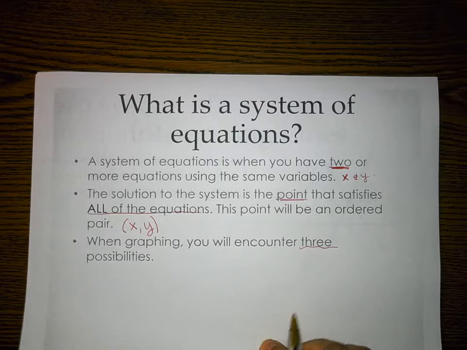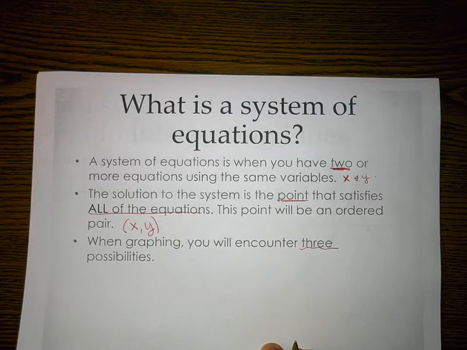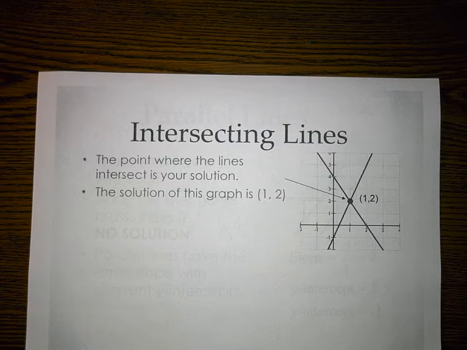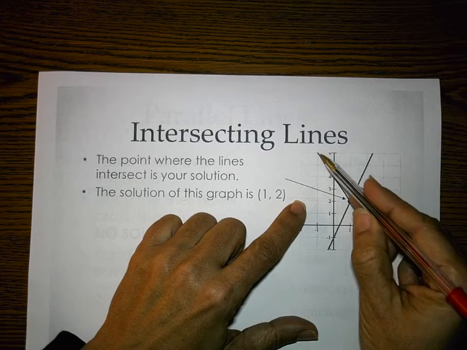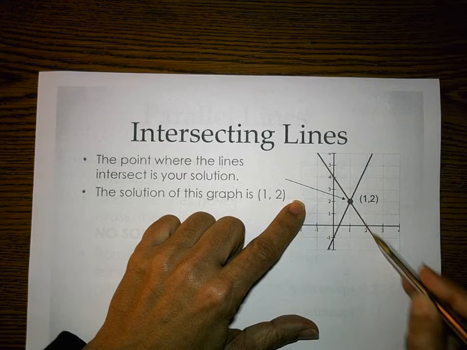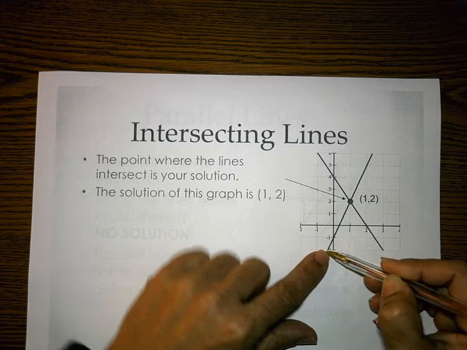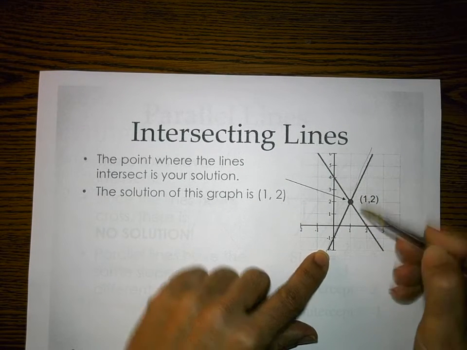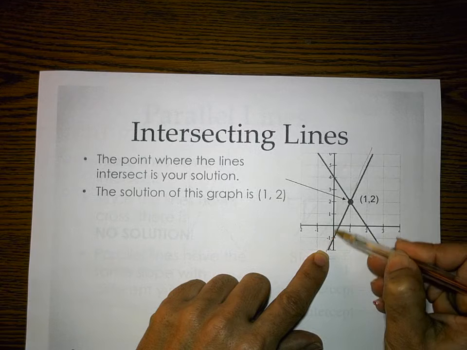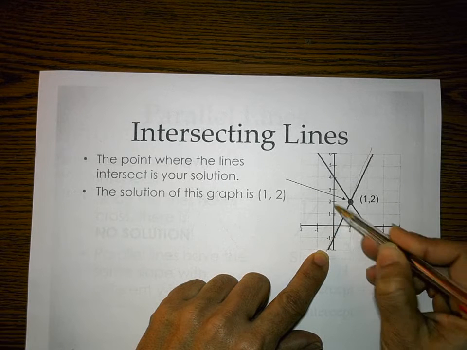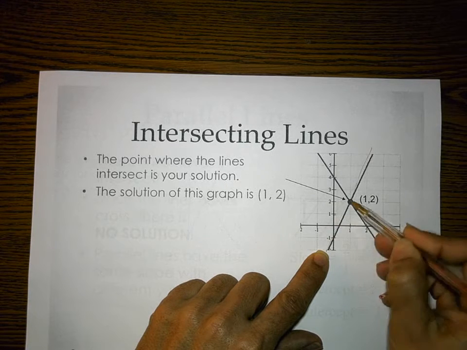Let's take a look at possibility number 1. How about if these 2 lines intersect? I have this line going down, a negative slope, and this line going up, a positive slope. Looks like we go up 1, up 1, up 1, run 1.